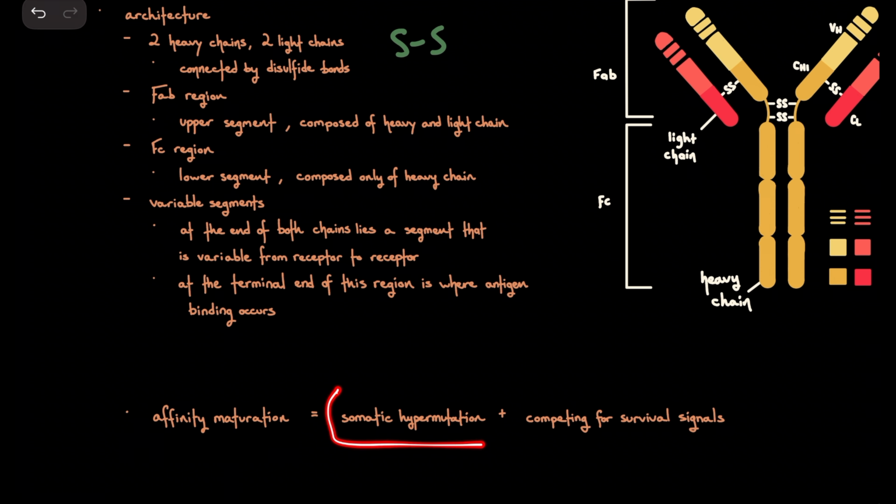And that's somatic hypermutation, and then the competition for survival signals. So we make the best receptor possible, and then the best of the best compete. It's kind of like med school. You go through all of these hoops and hurdles only to then be surrounded by everybody else that went through hoops and hurdles. So really cool process for selecting the best.